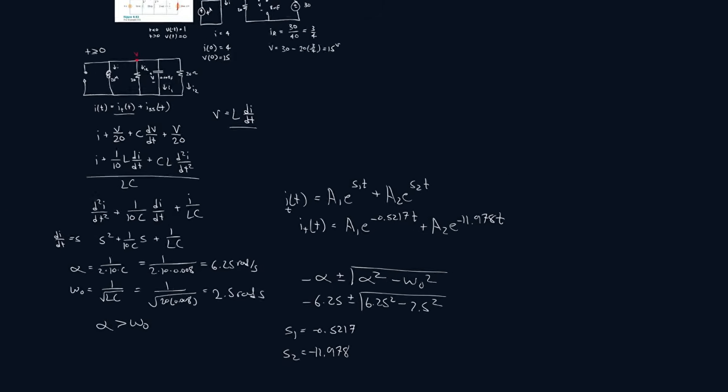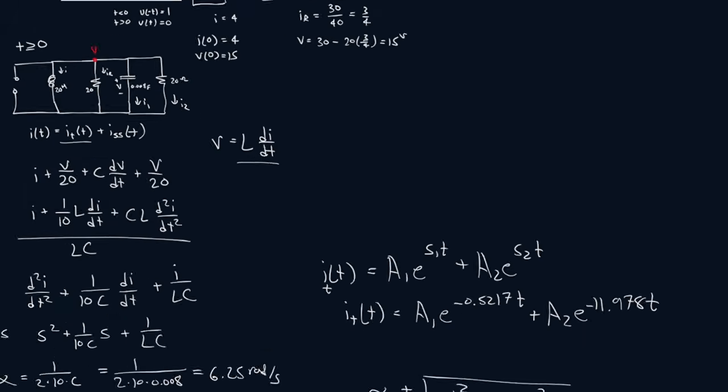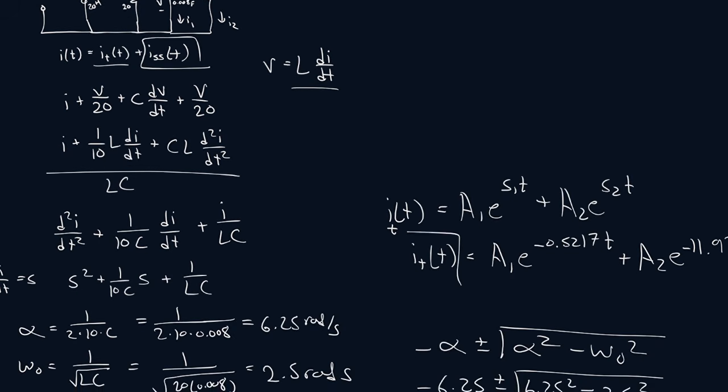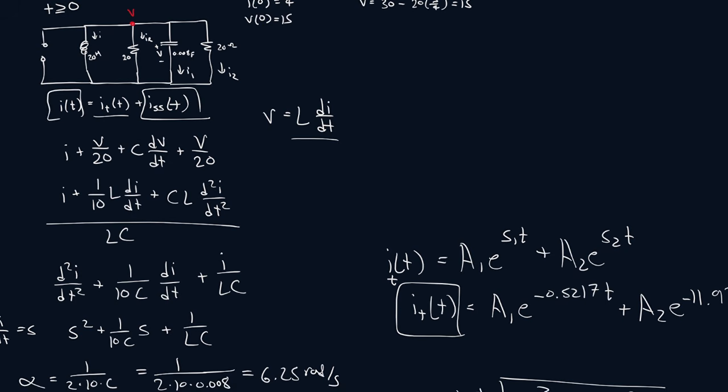Now we just have to add the steady state current to this, and that will give us our I(t) value, and then we will solve for A1 and A2.